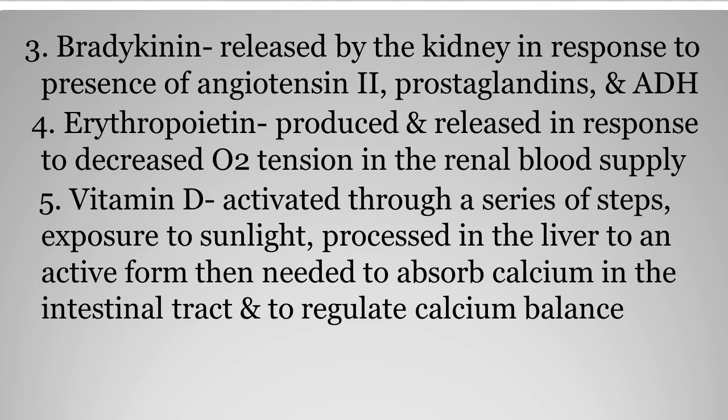Exposure to sunlight, processed in the liver to an active form, is then needed to absorb calcium in the intestinal tract and to regulate calcium balance. And if we go back to our parathyroid glands, this will all be as clear as a clean plate of glass. So see how all these have kind of overlapped from other systems that we have already discussed.